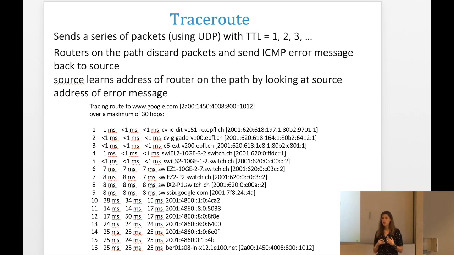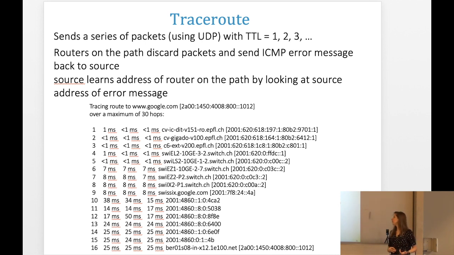First it will send the packet to Google with a hop limit of 1. It will be received by the first intermediate system, who knows he has to forward it because the packet does not correspond to his address. But the hop limit being 1, he cannot forward it, so he will drop it and send an error message back to the source. Now the source knows who the first intermediate system was.